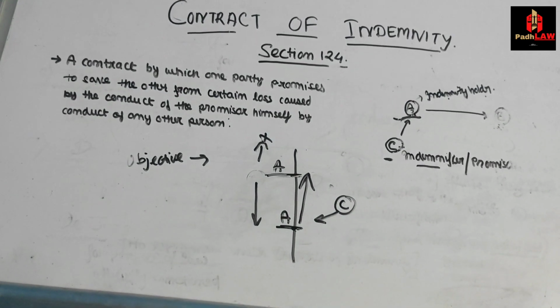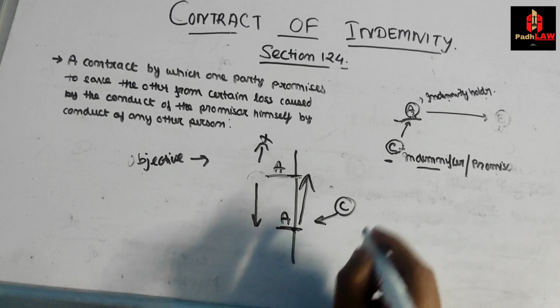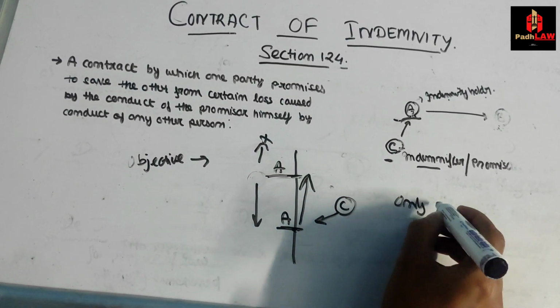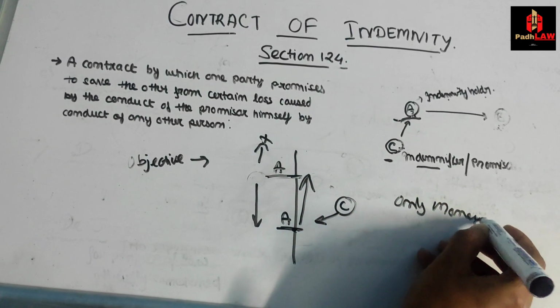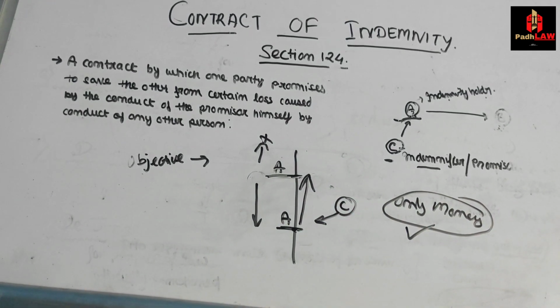Okay, so this is the objective of indemnity, and always remember, in indemnity it's only a money matter. Contract of indemnity is only related to money, financial, only पैसा. ठीक है. So that's contract of indemnity.